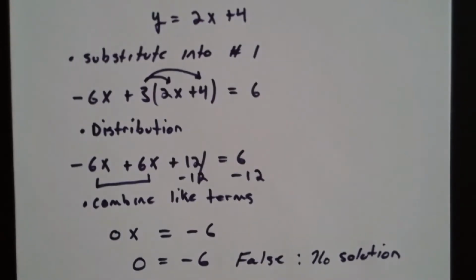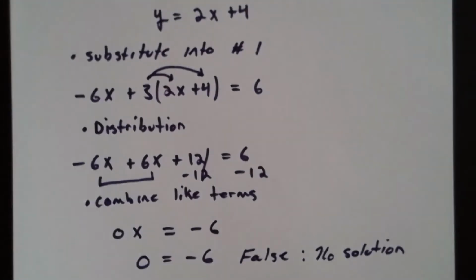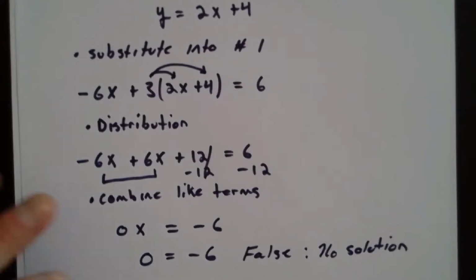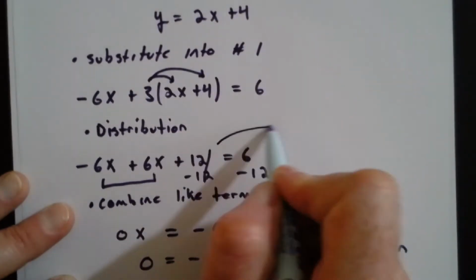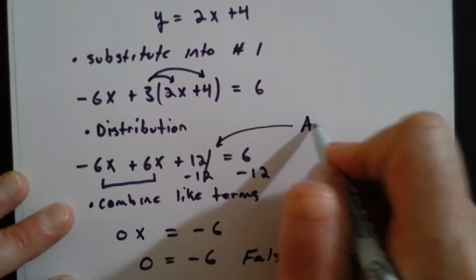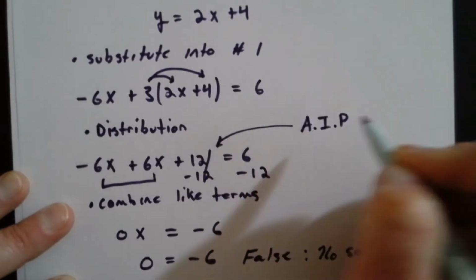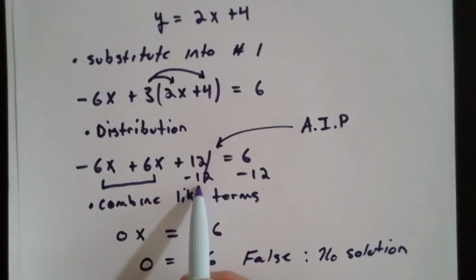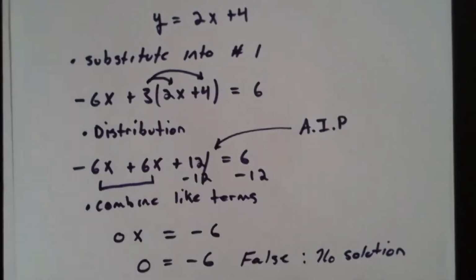You don't always get a solution. And of course, this here is the additive identity property. That gives you 0 there.